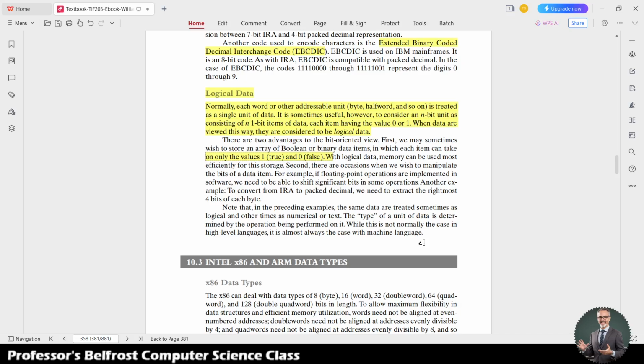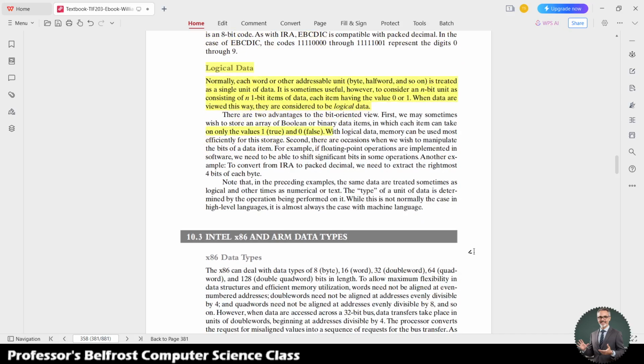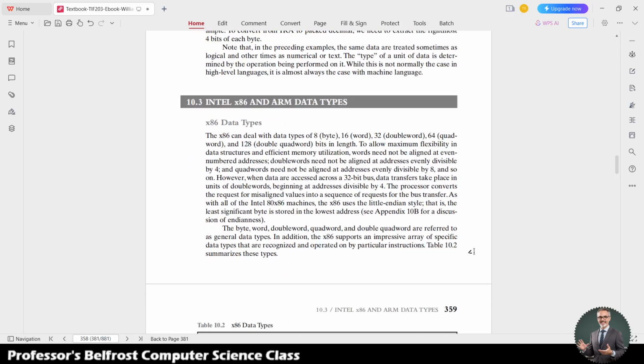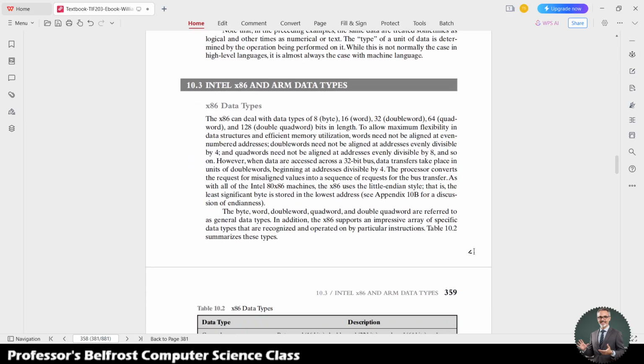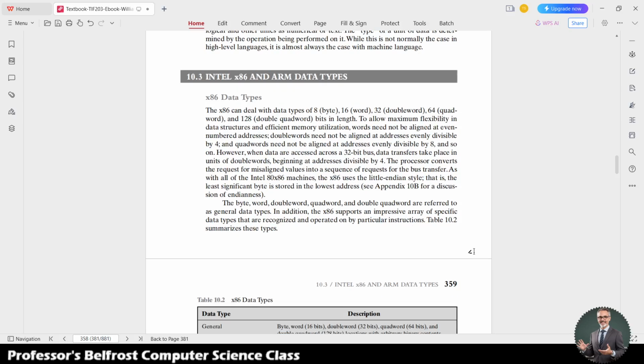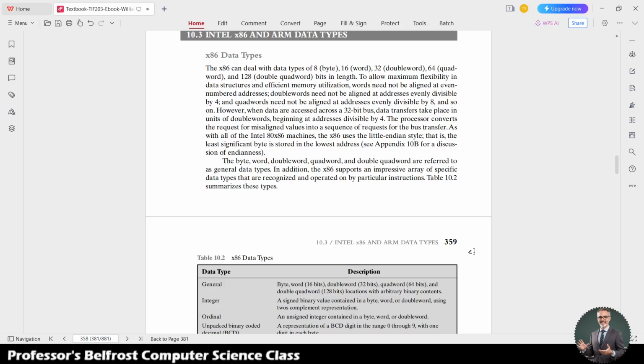Okay, that is the important thing from this, and let's enter a little into the Intel x86 and ARM data types. With the x86, we have 8-bit byte, 16-bit word, 32-bit double word, 64-bit quad word, and 128-bit double quad word in length.